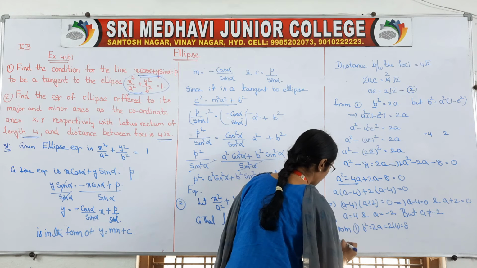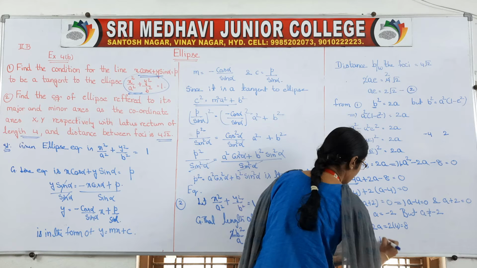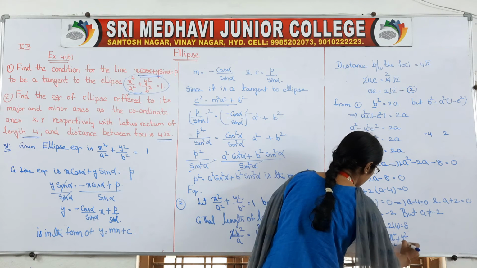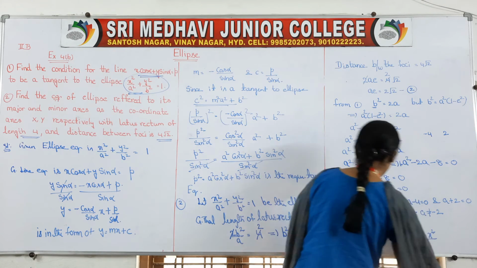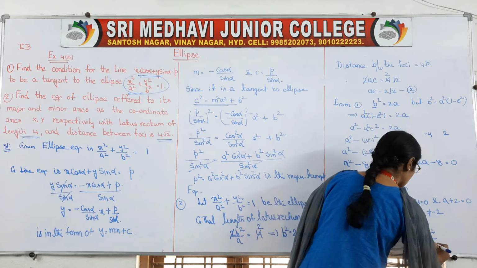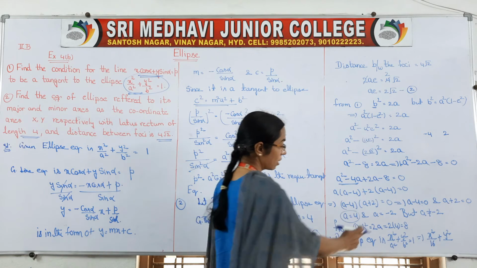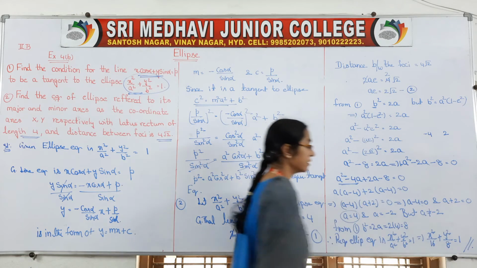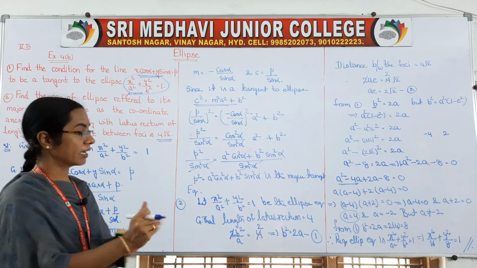Therefore, the required ellipse equation is x square by a square plus y square by b square is equal to 1, implies x square by 4 square, that is 16, plus y square by b square, we got b square is equal to 8, is equal to 1. That is the answer. So that is the second question.